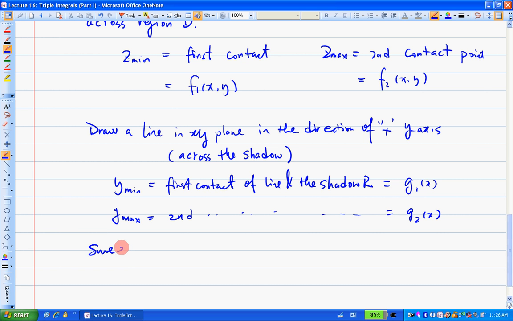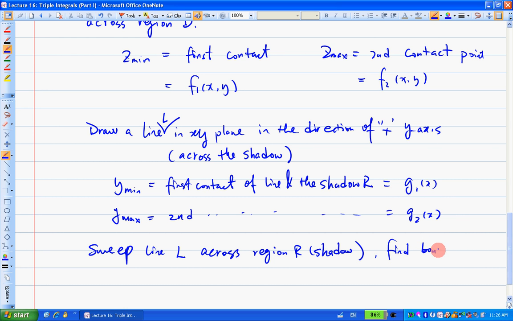Maybe I'll call this line L. Sweep line L across this region R, which is a shadow, and find the bounds for x mean and x max.